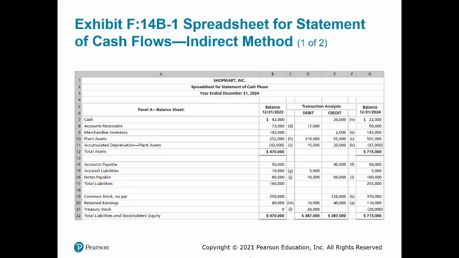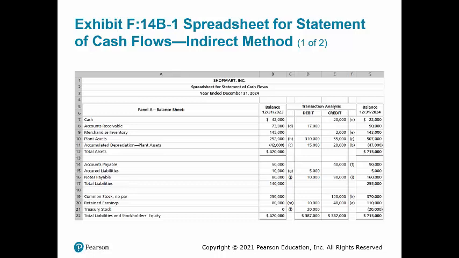So let's look first at retained earnings, and that will be a good one to illustrate how you use the spreadsheet. We know from our earlier transaction analysis that retained earnings increased by $30,000. But there were two aspects to retained earnings. There was an increase of $40,000 for net income, and then a decrease for dividends.